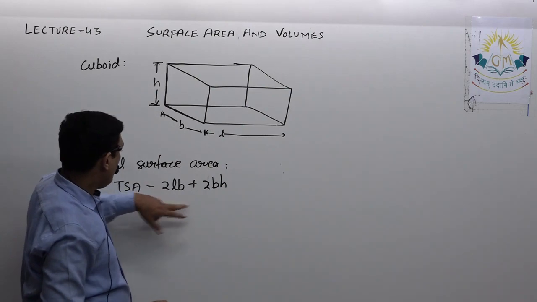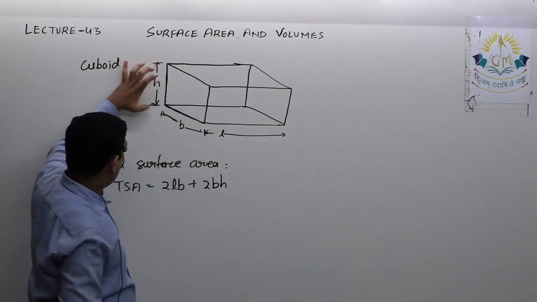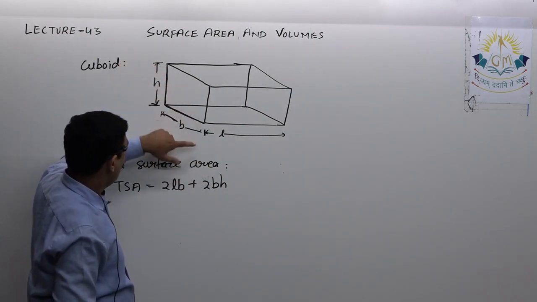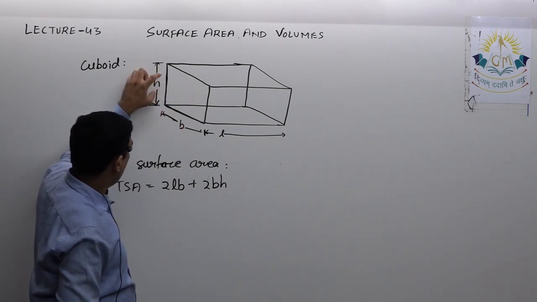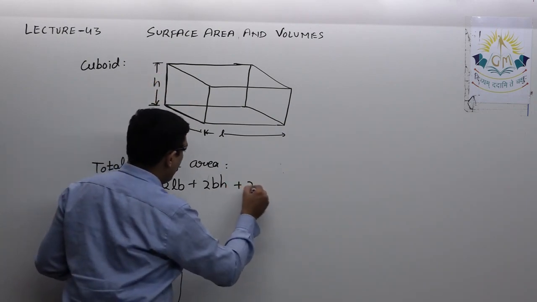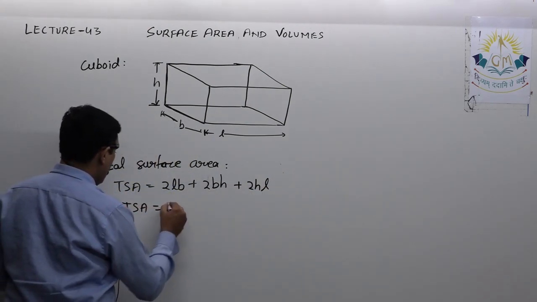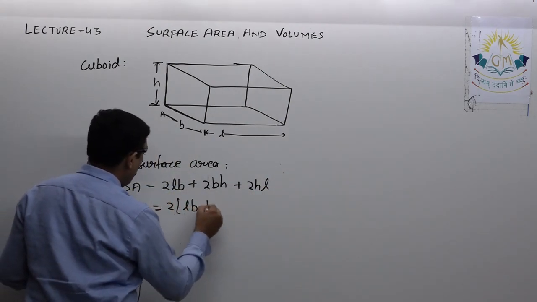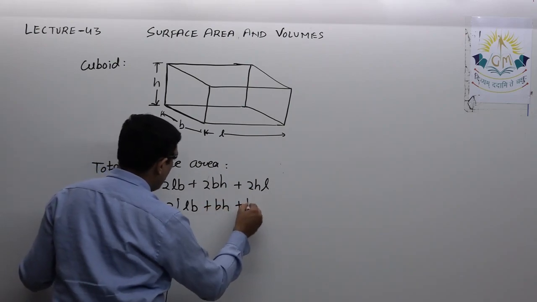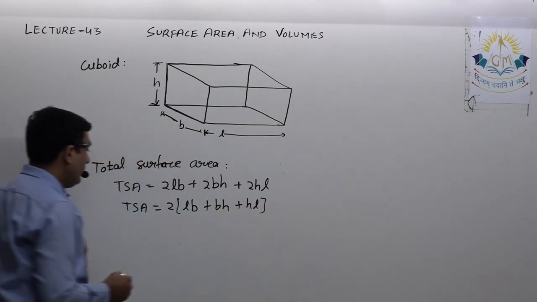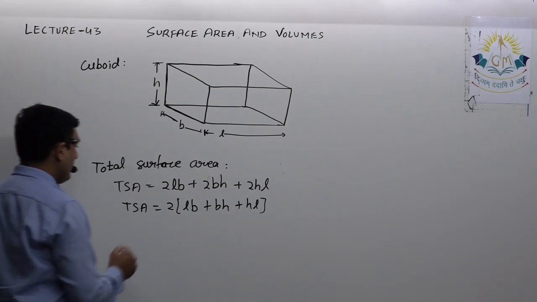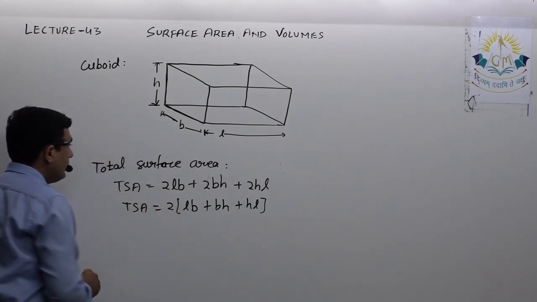Now the two surfaces having area H into L give twice of HL. In this way you get TSA equal to 2(LB + BH + HL). This is the total surface area of cuboid.